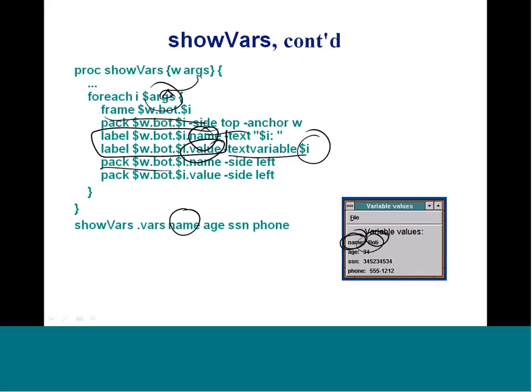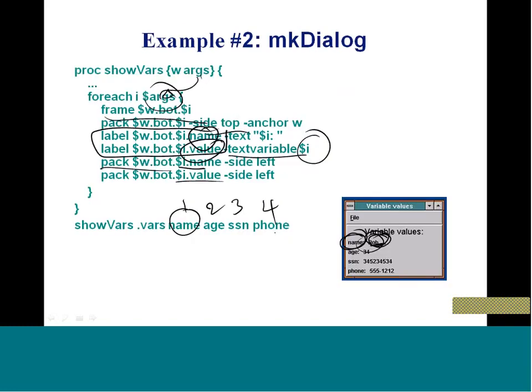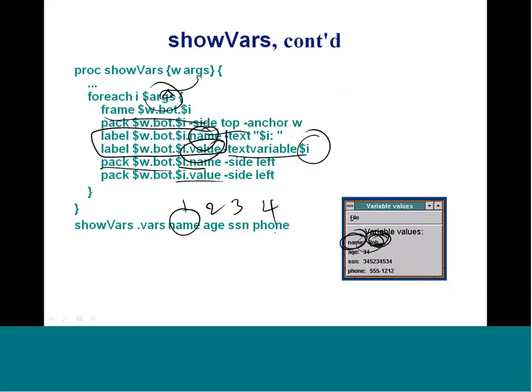Okay, so here the name refers to $i.name, and the $value is $i.value, which in this case is bot. And then we do this for all the arguments specified through the show vars command. So it does it for name, then age, then SSN, and finally the phone number. I hope this example was clear enough on how we can get to this point.